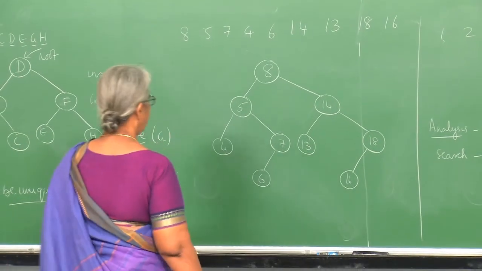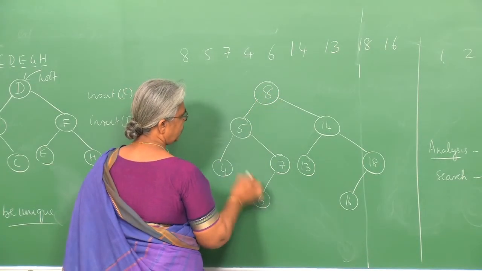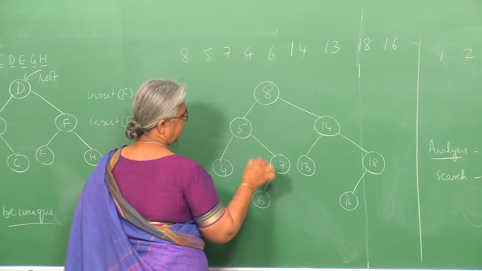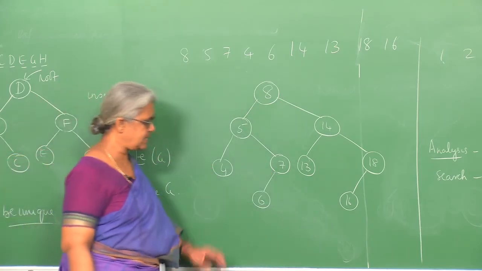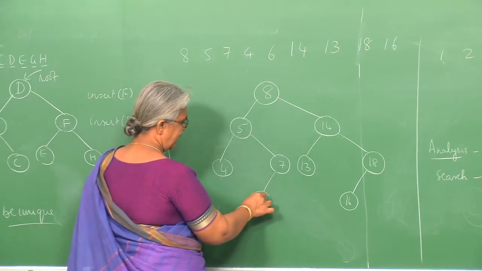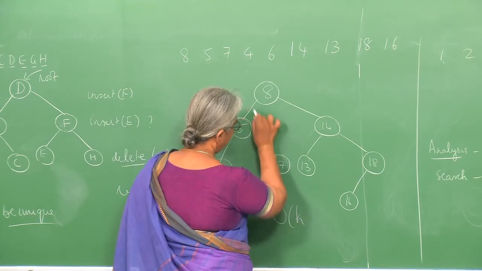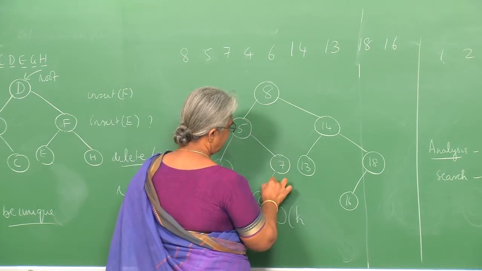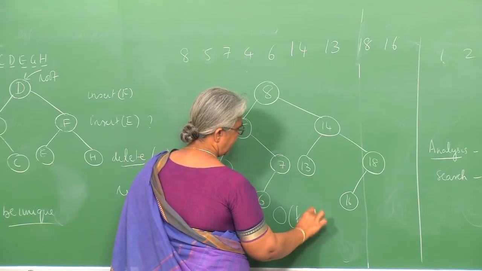Basically, you compute the length of the path from root to the leaf node, 1, 2, 3. The worst that you have to do, suppose the key that I am searching for is 6, the height of this tree is 1, 2, 3, but I have to make 1, 2, 3, 4 comparisons, order height plus 1.